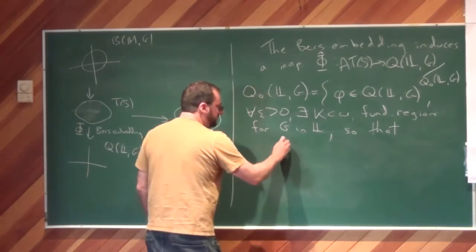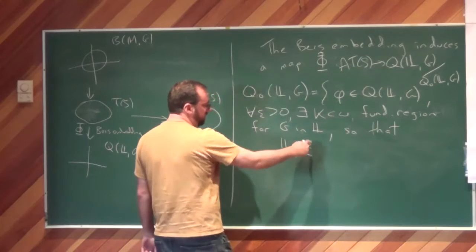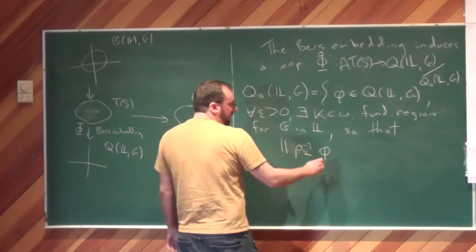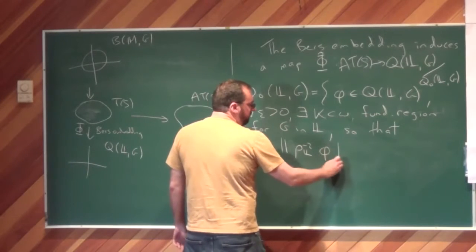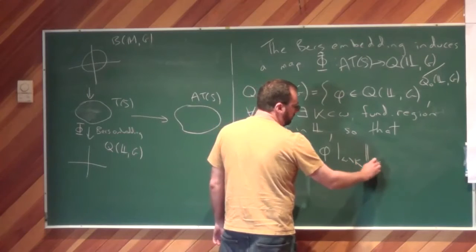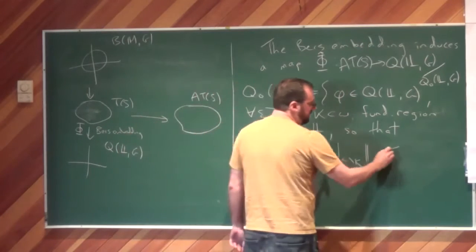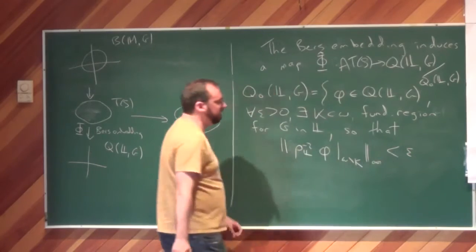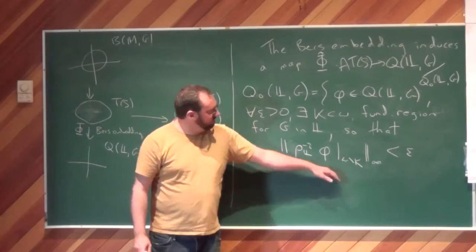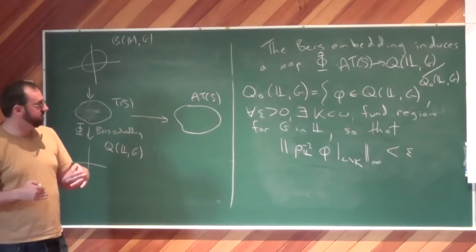Well, we want that expression, so rho to the minus 2, the hyperbolic density on L to the minus 2, and phi, and we want to restrict to omega less K. We want the supremum norm of that to be less than epsilon. So this expression is going to 0 as we go towards the boundary of our fundamental region.